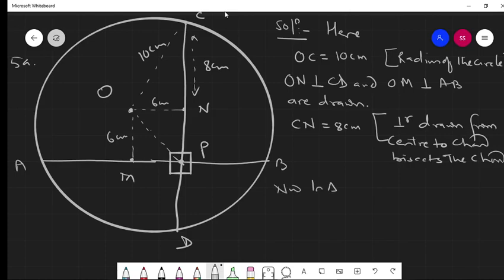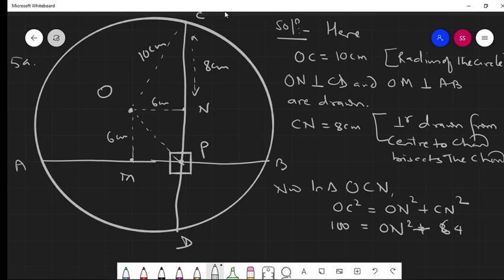Now in triangle OCN, OC square equals ON square plus CN square. This is 100 equals ON square plus 64.